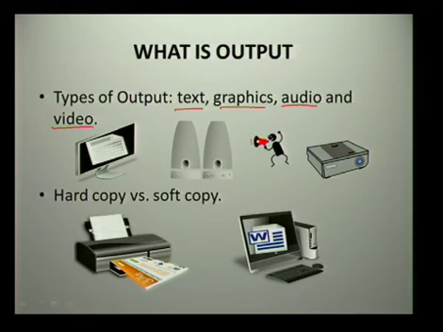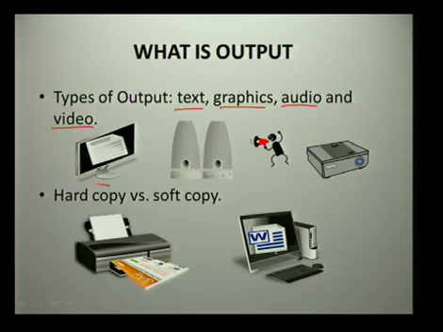Another thing that is very important is that when you look at output in terms of text, it comes in a different format. You get output which is a hard copy, and output which is a soft copy. Hard copy means that your text has been printed out.